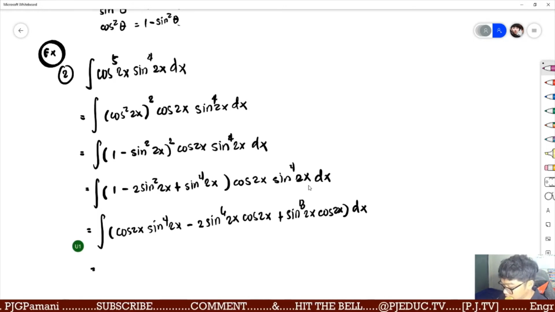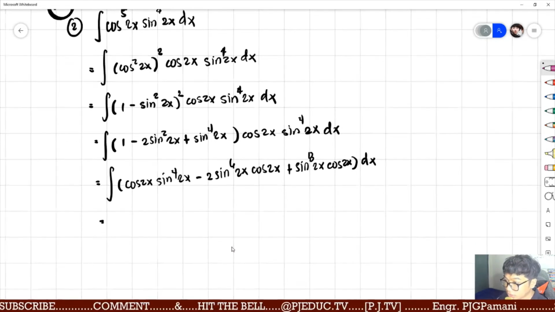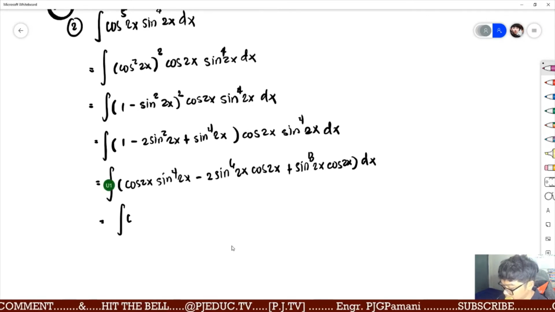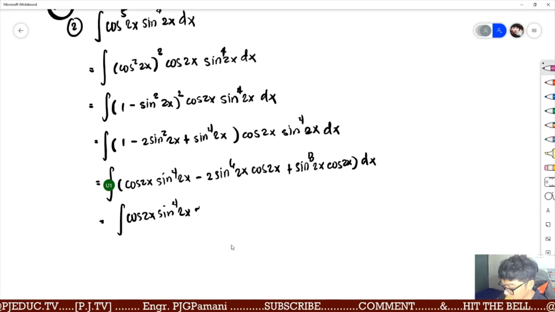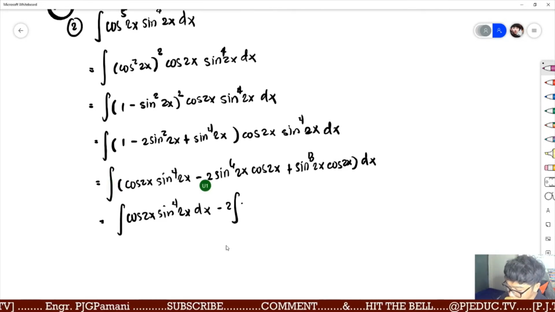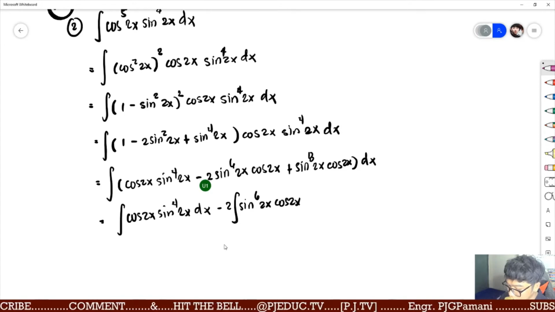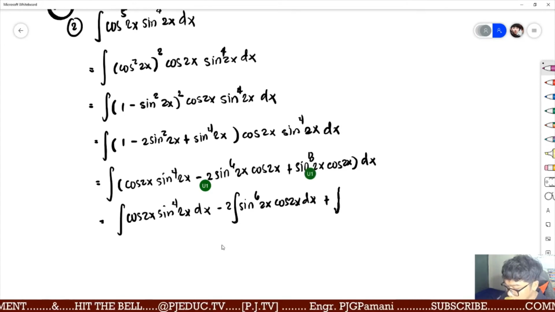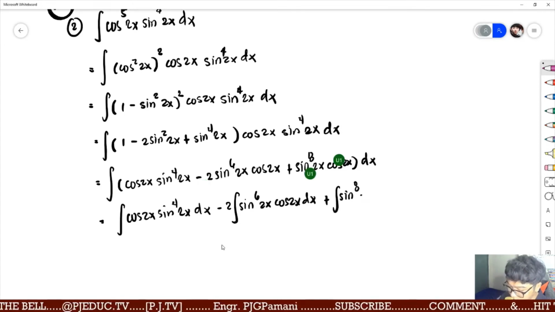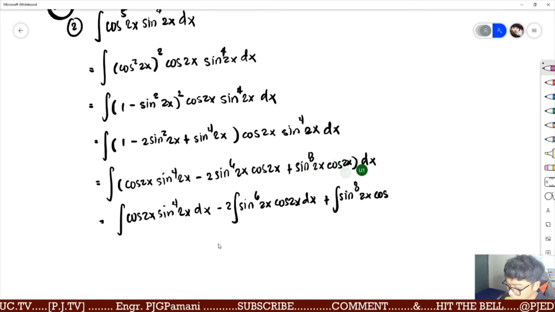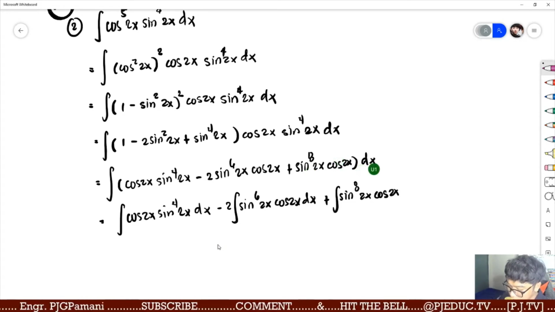Simplify further, distribute our antiderivative or integral sign to each of those terms. That is cosine 2x sine raised to the fourth 2x dx minus 2 sine raised to the 6 2x cosine 2x dx plus sine raised to the 8th power 2x cosine 2x dx.